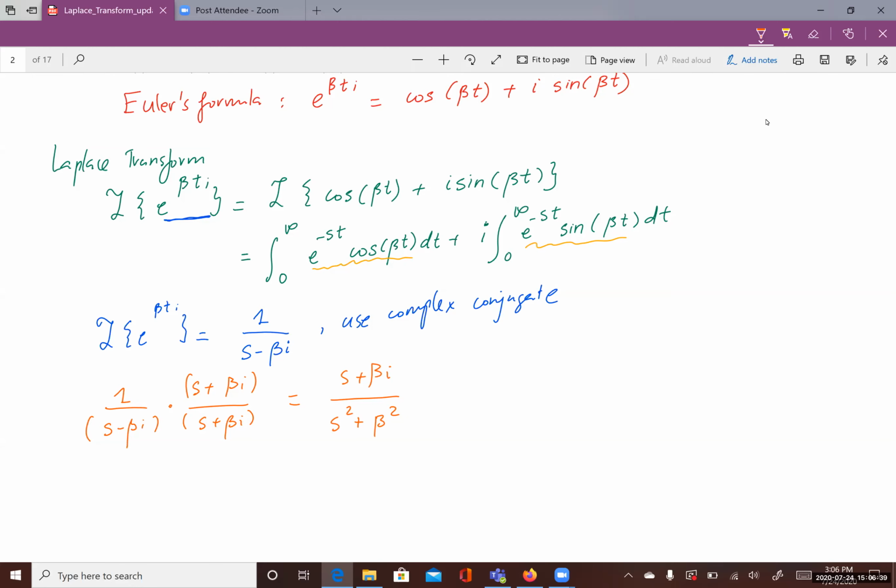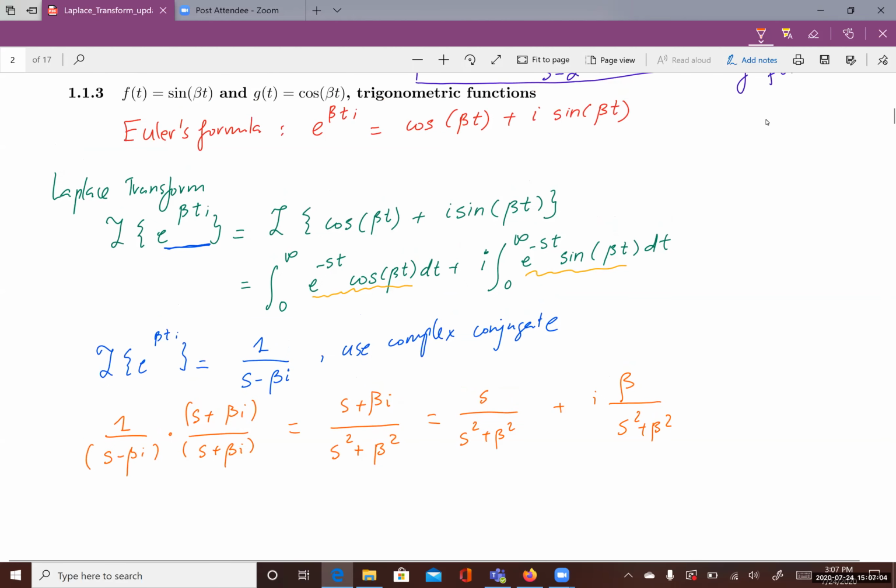Okay, and then you can separate the real and the imaginary part out as s over s squared plus beta squared plus i beta over s squared plus beta squared.